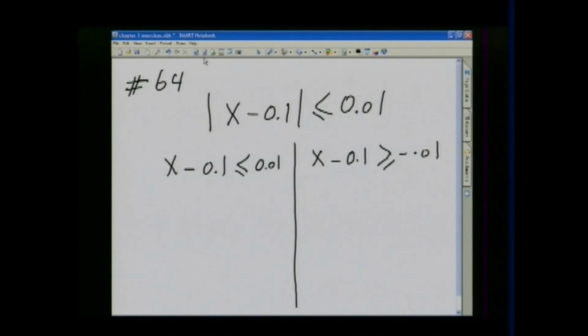If we solve this, we get x less than or equal to 0.11, and that's one limit, and then x here would be greater than or equal to 0.09.